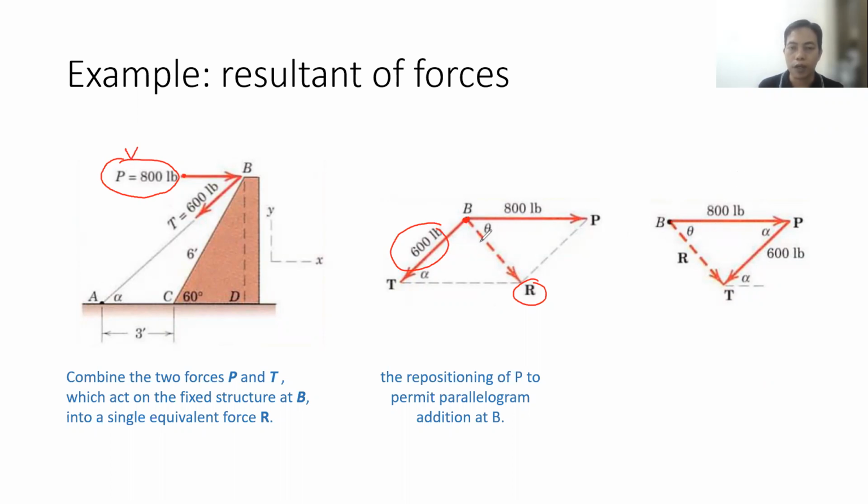We add the vectors by putting one vector at the head of the other vector. Okay, so the tail of T meets the head of P. By doing this, we can apply the triangle rule. And here again, we can see that the resultant of forces is drawn from the point of application to the head of the last vector, that is T. Okay. So both of them are correct.